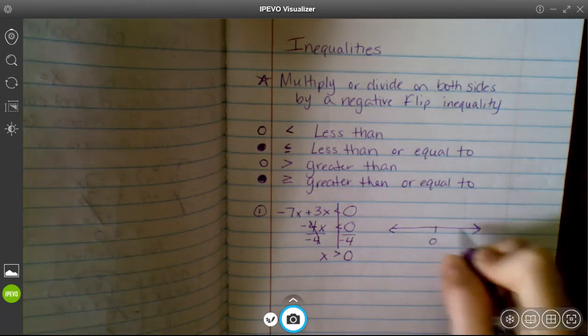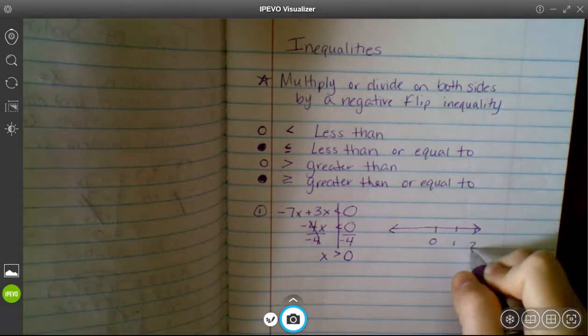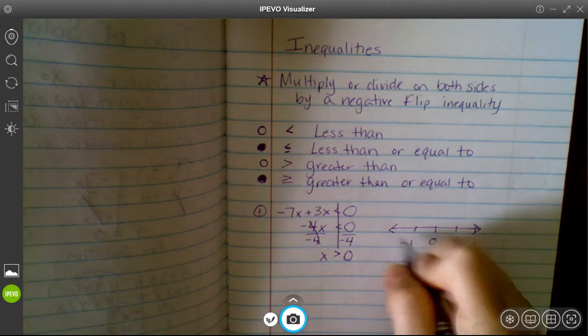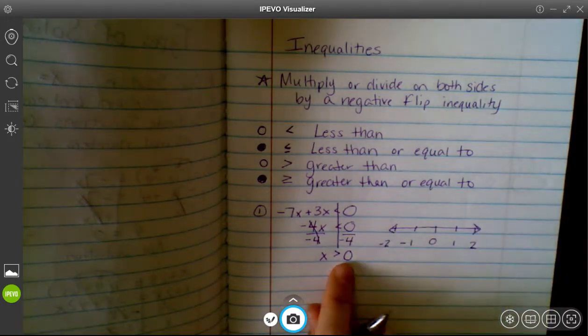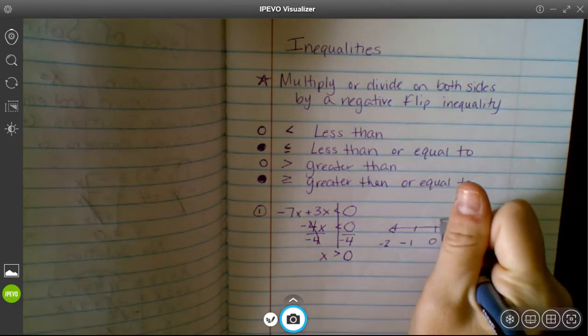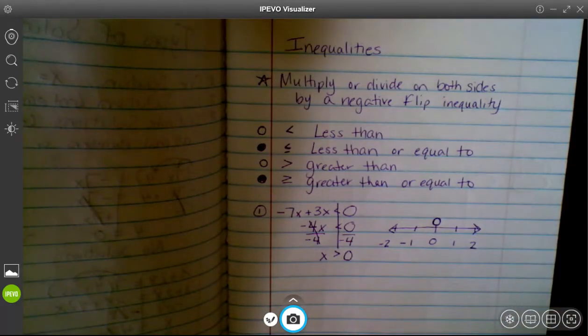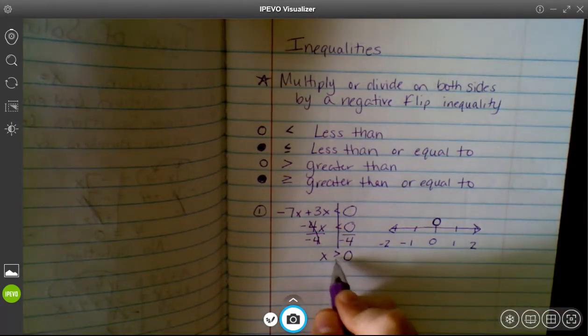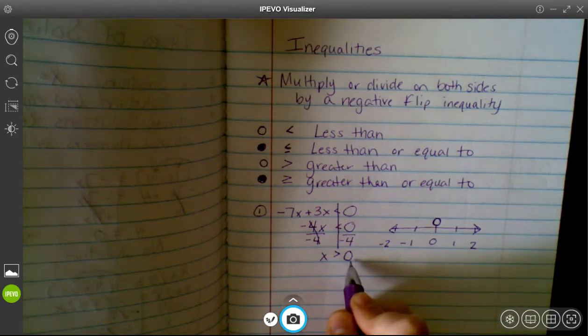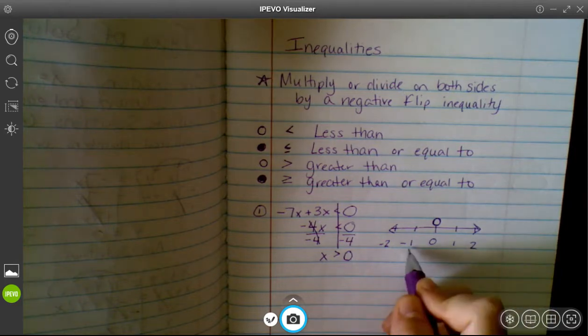So 0, 1, 2, negative 1, negative 2. I'm going to go to 0. I'm going to put an open circle because I don't want 0 to be in my answer. And then I have to read this. x is greater than 0. So what number is greater than 0? 1 or negative 1?